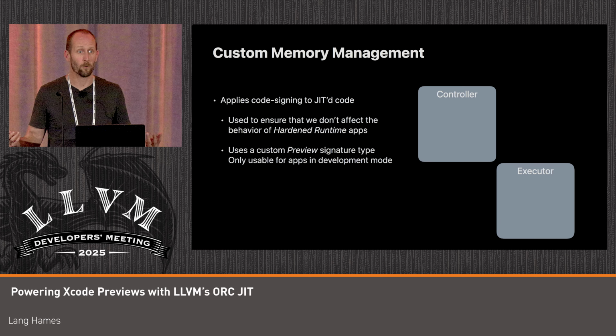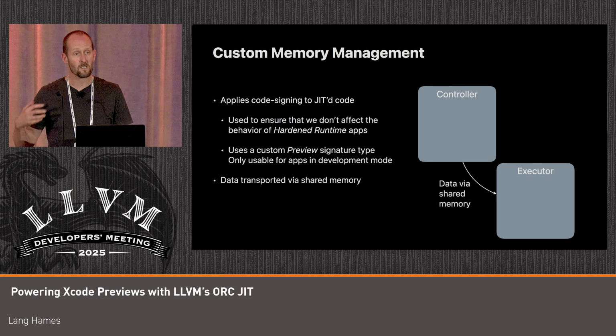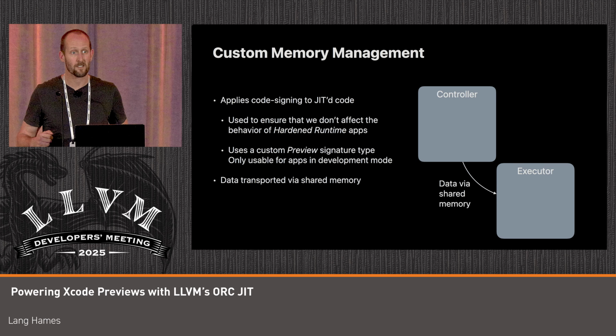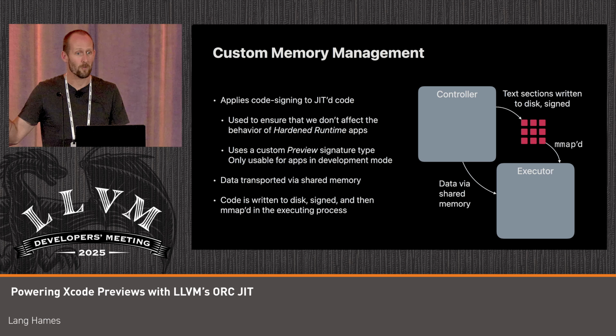The interesting thing is that the JIT linker APIs are flexible enough to easily represent this. So our memory manager API allows us to split the linked code from the linked data. Linked data goes via shared memory. To attach code signatures, we have to create files, because in macOS, signatures are attached to files. So every linked code section gets written to disk as a file, signed, and then mapped into the executing process at an assigned address.